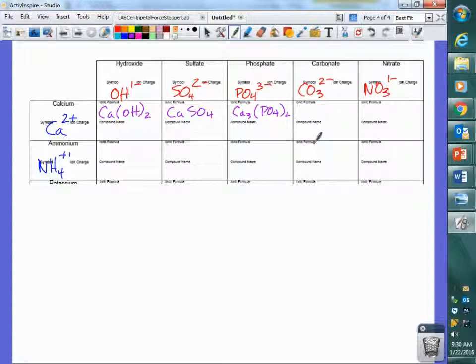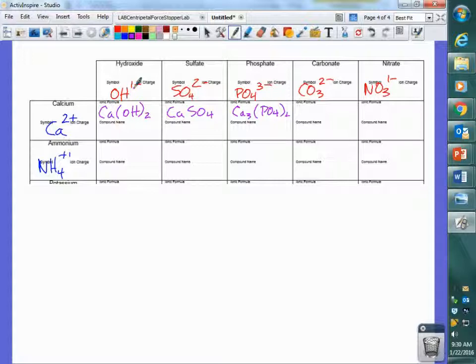Okay. Good there? All right, next, I want to do one more for you. Let's do these two, sulfate and ammonium. Both are polyatomic ions, but one's a polyatomic cation and one's a polyatomic anion.